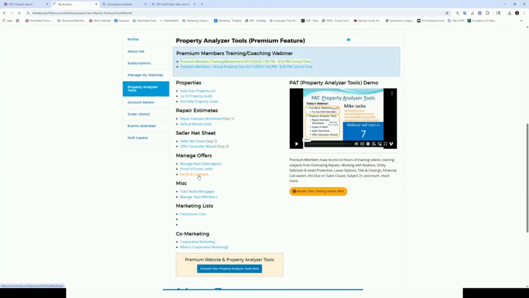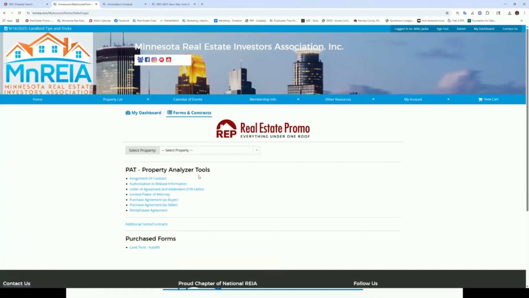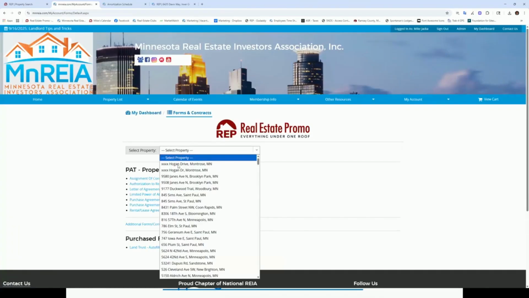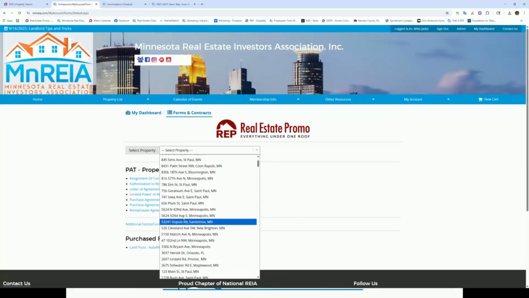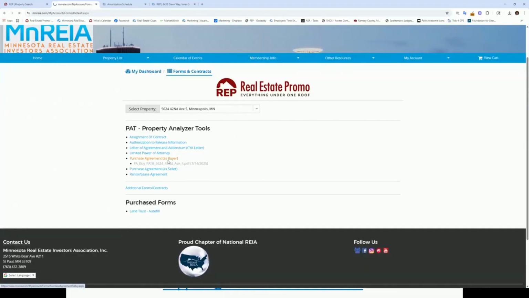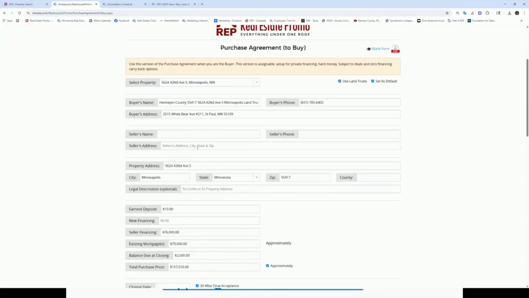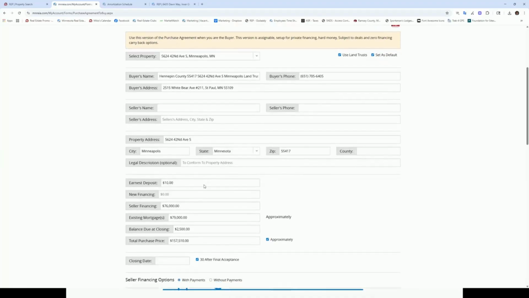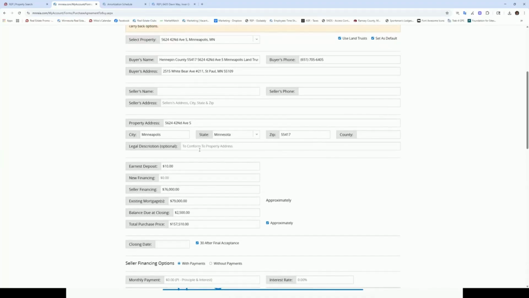So we just put in the basic information, and let me pull up our property that we just had there. This is the one. All right. And then we go through and fill in. Now I already did this particular one, but we fill in as much information as we can.